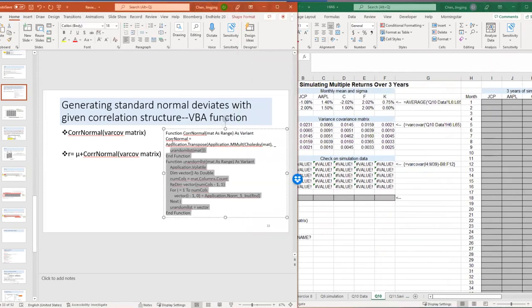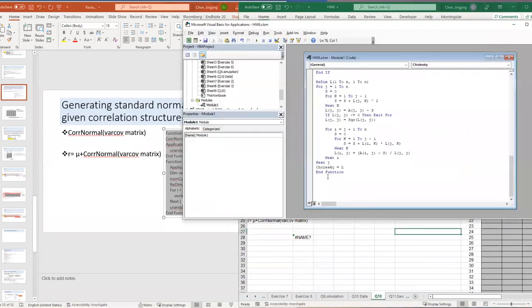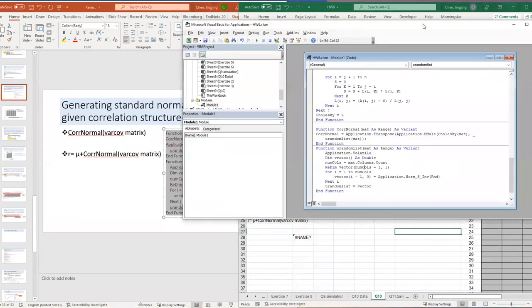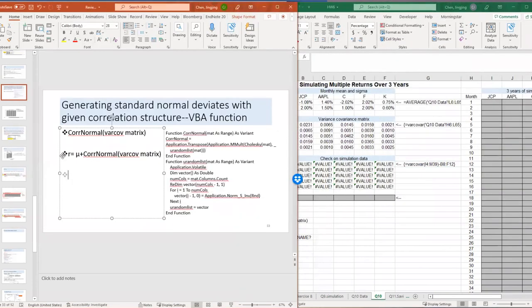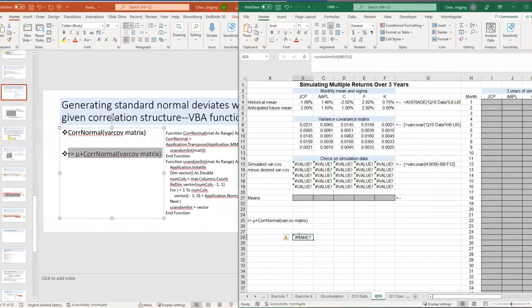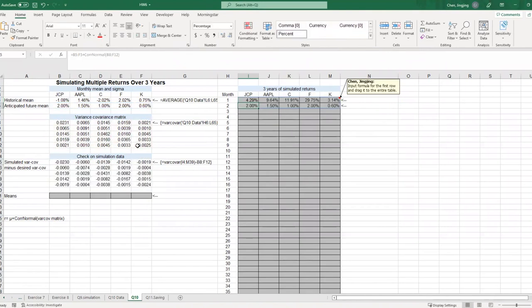What you can do is first copy the code here and calculate return, equals plus correlated normal, letting the variance covariance matrix enter.